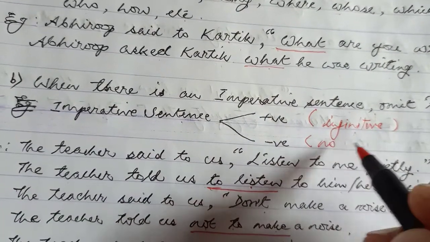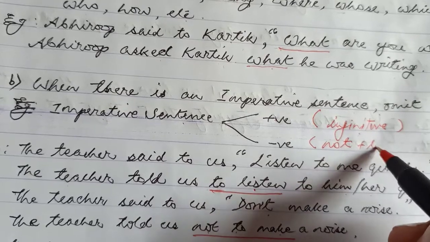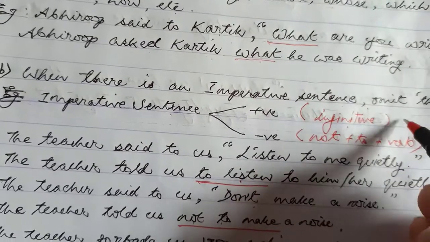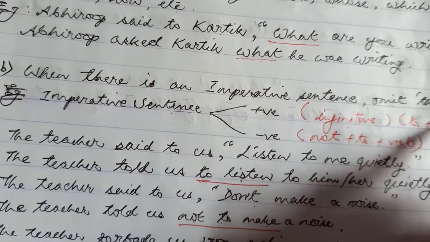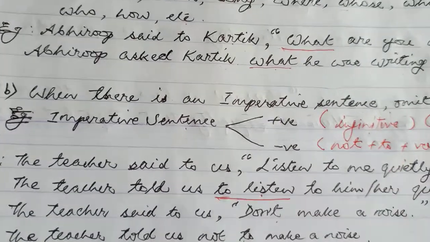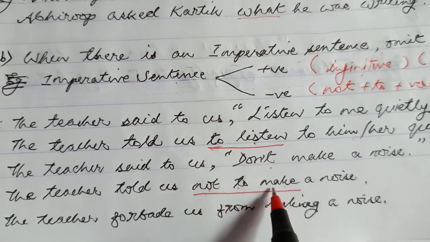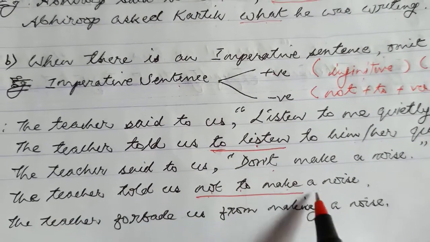Here the infinitive is to plus verb, right? So when there is a negative imperative sentence, we get the answer in the use of not plus to plus verb. So the teacher told us not to make a noise.